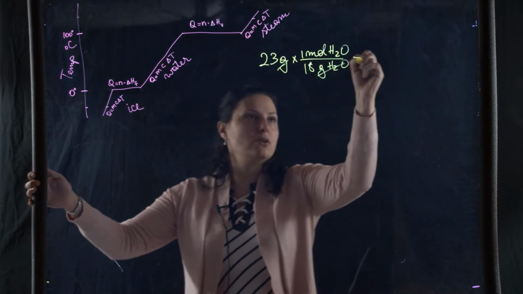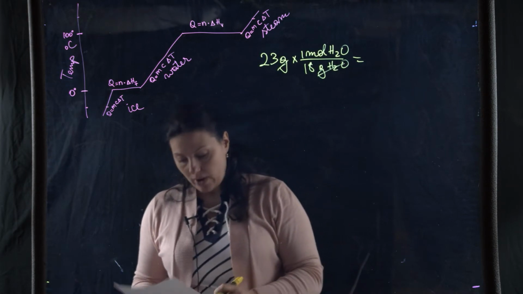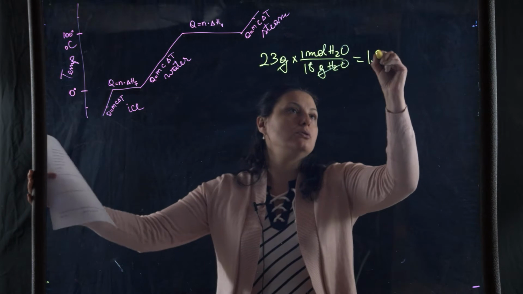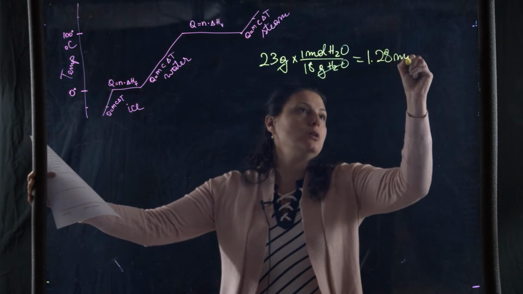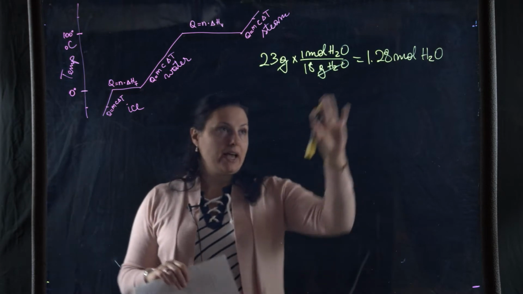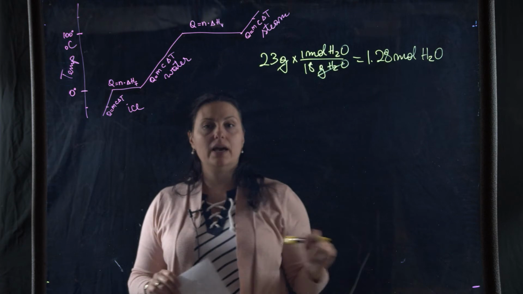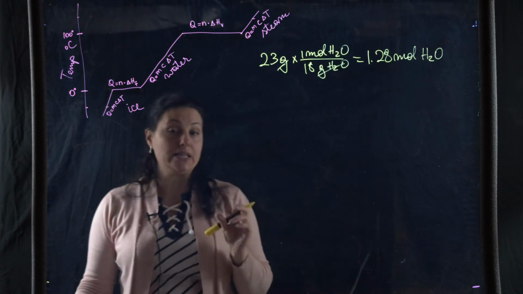My grams will cancel. That gives me 1.28 moles of water. Okay, now that I have that in moles, I can once again go back here and calculate each step.